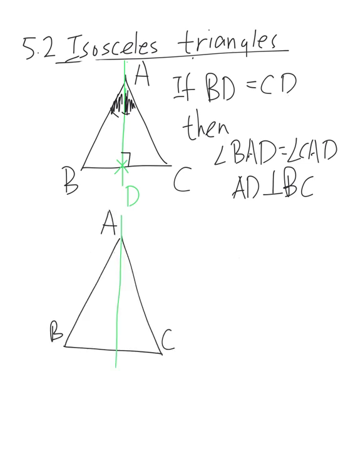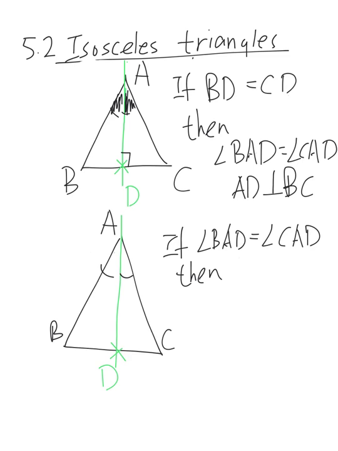But in other situations, again we have this line AD. If we know that BAD is equal to CAD, then the other two will be automatically satisfied. That means BD will be equal to CD, and also the AD will be perpendicular to BC.